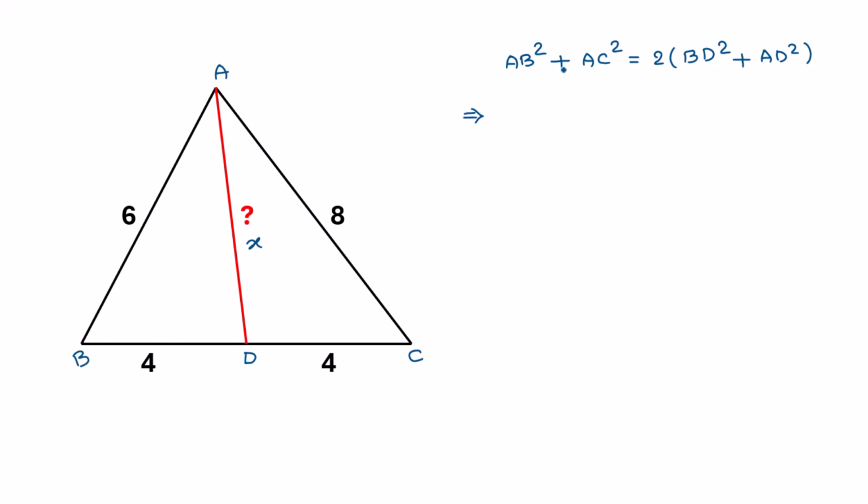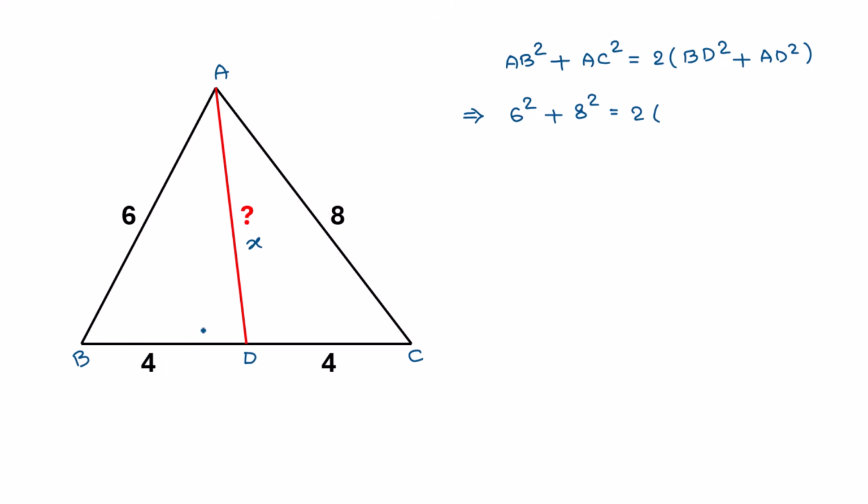Now substitute the value of this side length. We can write AB. This is 6 unit, so AB square is 6 square plus AC square. The side length of this AC is 8, so 8 square is equal to 2 times of BD square.